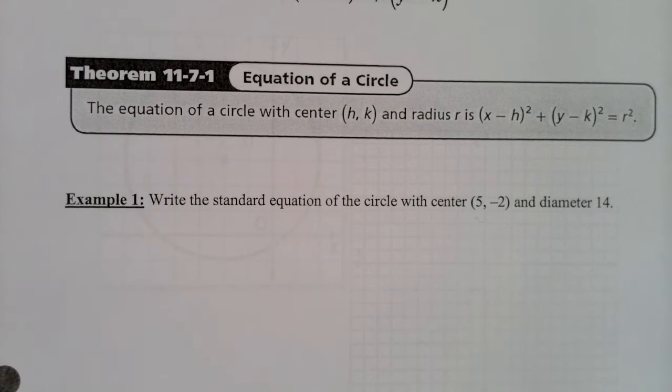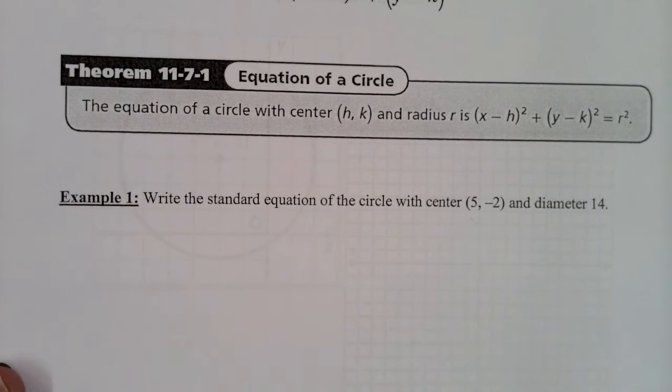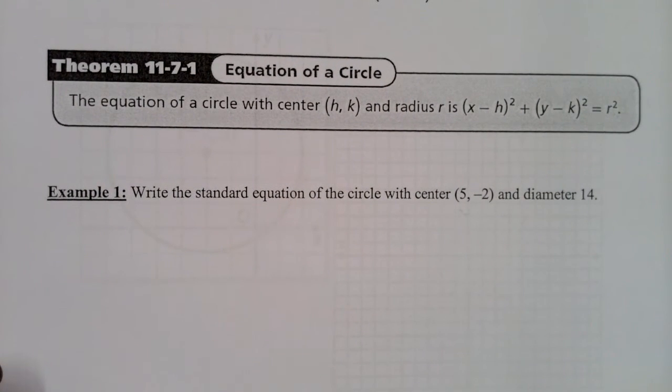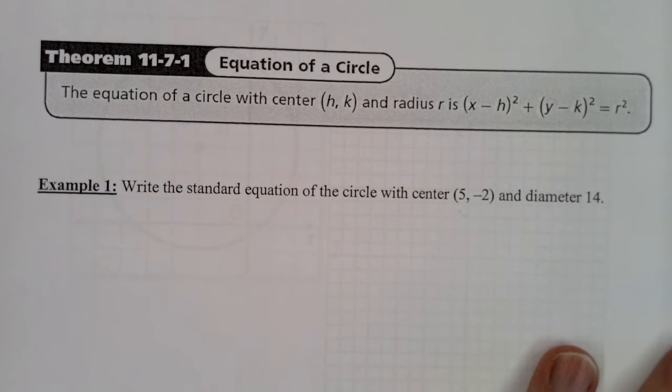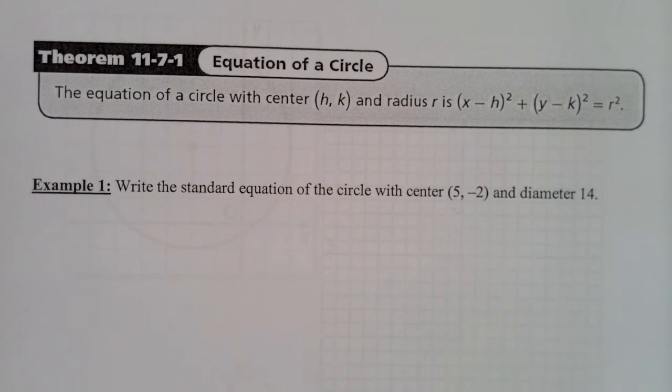Write the standard equation of a circle with that center and that diameter. Now, you can probably go right to the final answer if you want, and if I was doing this on my own, I would just go right to the final answer. But let me write out what we're really doing.